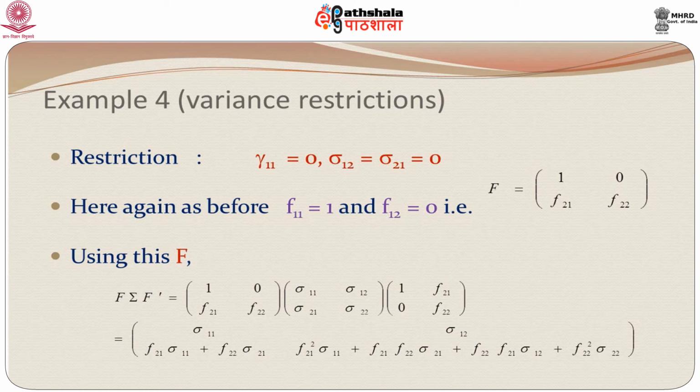Now, if you look at this, and if you look at the condition that the covariance is 0 in sigma, then this condition translates to the second row first element being 0 as well in the F sigma F prime matrix. So, this means f21 sigma 11 plus f22 sigma 21 is equal to 0. And since sigma 21 is 0, this means f21 sigma 11 is equal to 0, and sigma 11 being non-zero, f21 is equal to 0.